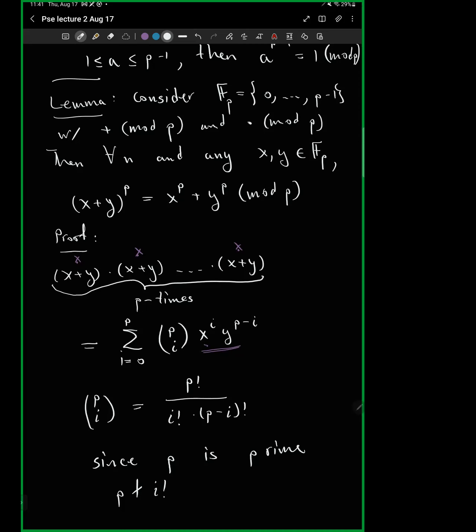So none of them can really, I mean, p cannot divide it. And also p does not divide p minus i factorial, because again, it's a multiplication of numbers that are all smaller than p.